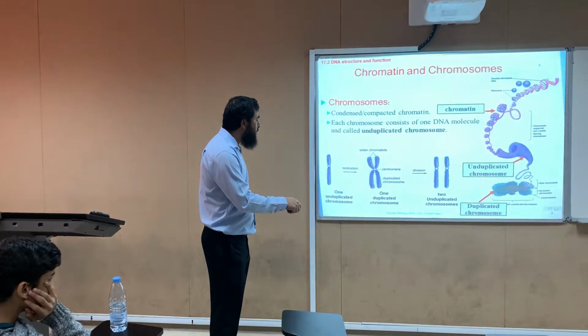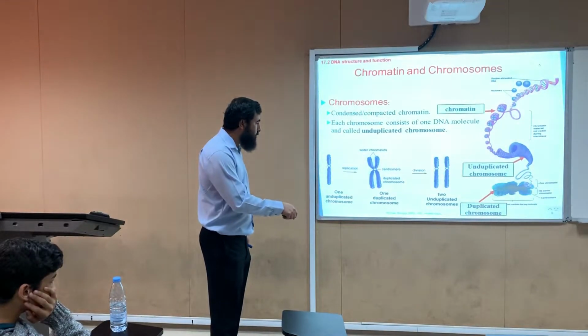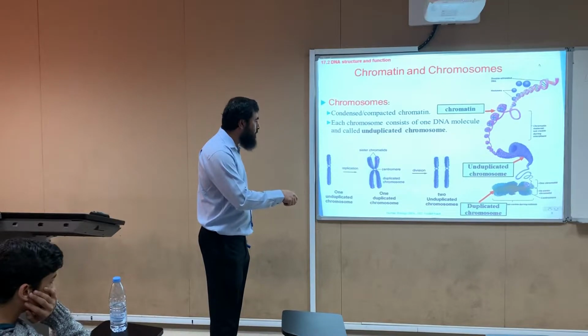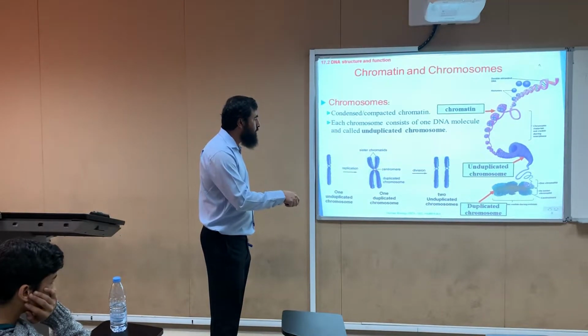Duplicated chromosomes have two sister chromatids that are identical, joined together at the point we call the centromere.